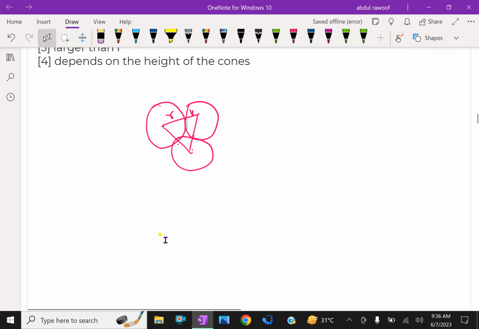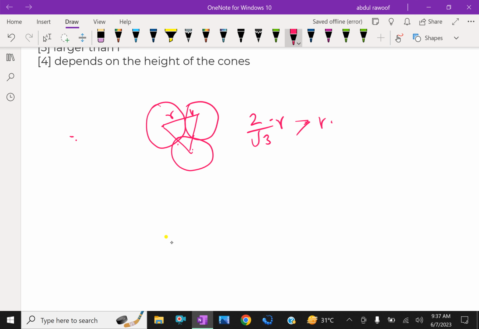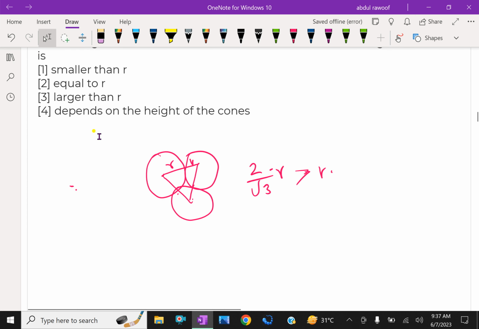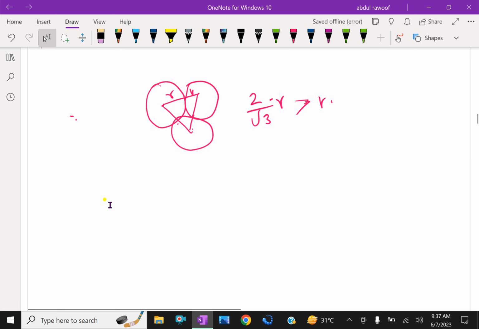Therefore, the radius of the circle drawn through the centers is 2 by root 3 r, which is greater than r. Therefore, larger than r. Answer is larger than r. Option 3. Next question.